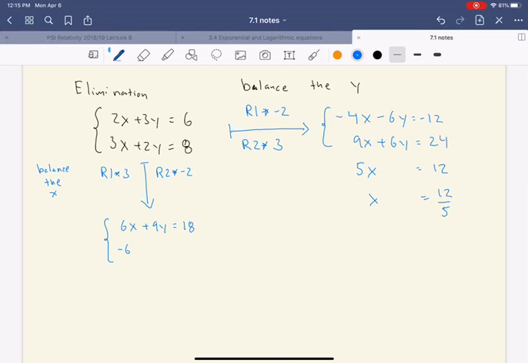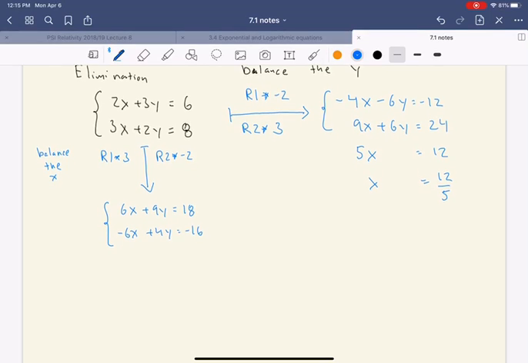And then negative 6x plus 4y equals negative 16. Adding them together, I should have written that here first. Adding them together, the 6x's cancel, so we get 13y equals 2.